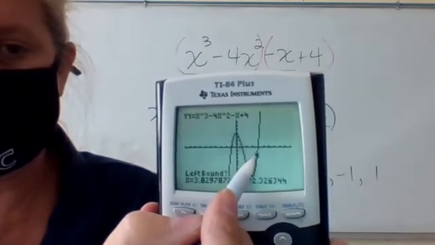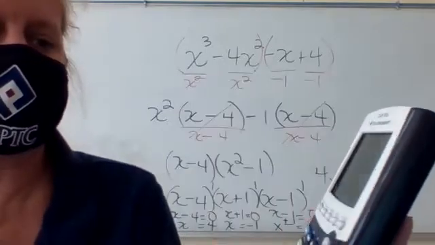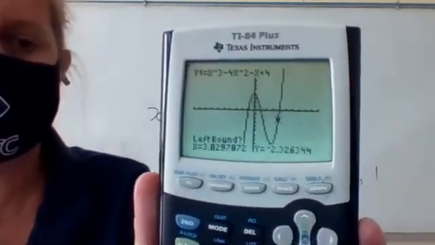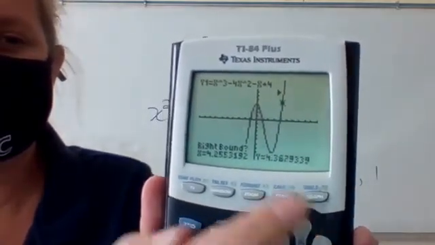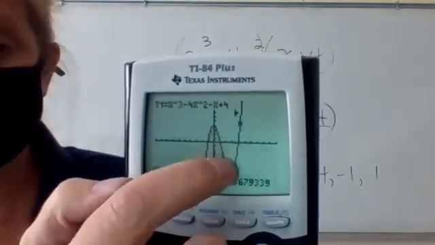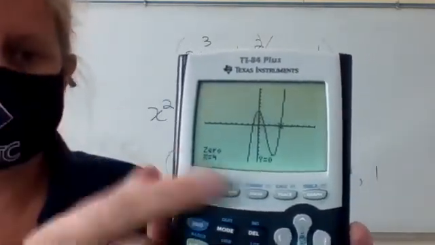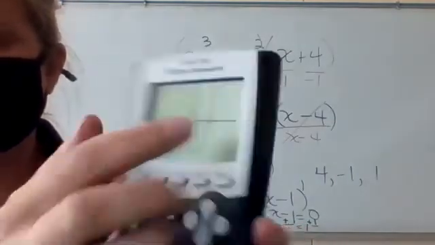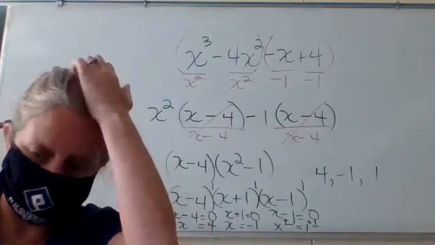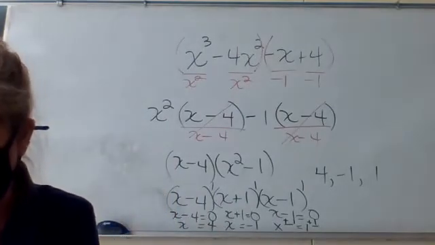So now I'm on the left side of it, and then I'll pass through it and go to the right side of it. So I'll hit enter, hit my right arrow. I pass through to the other side of it, so I'll hit enter again twice. Look what your x is. 4. It found that zero. So you can also use that method. Okay, it doesn't tell you the multiplicities, but it does tell you the zeros.